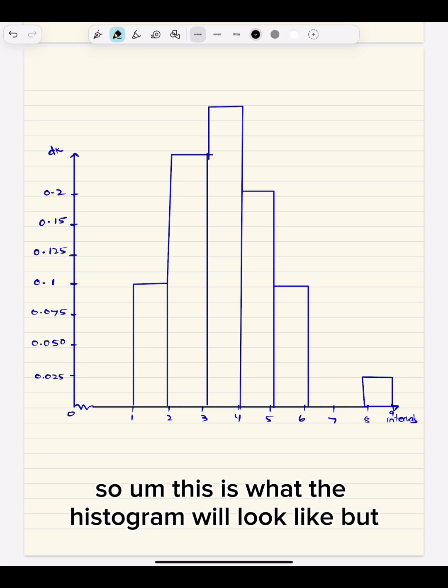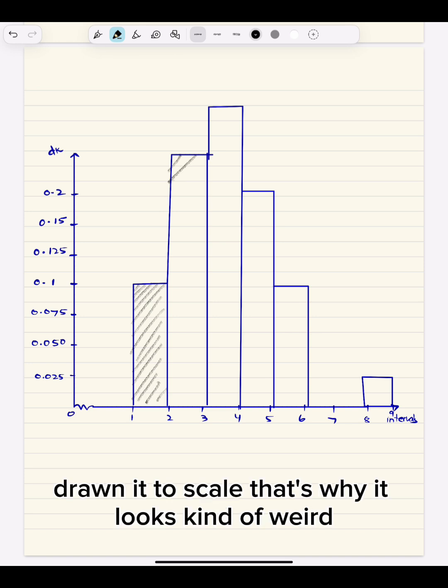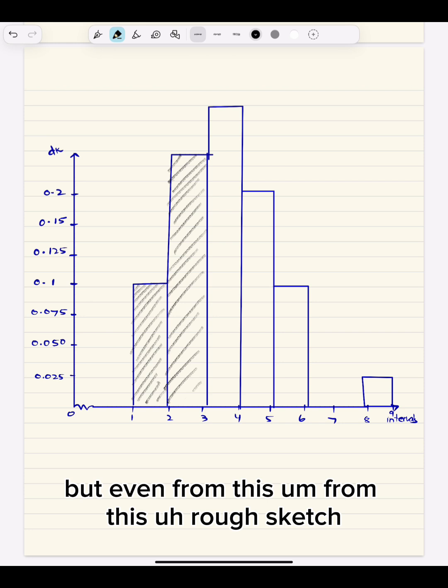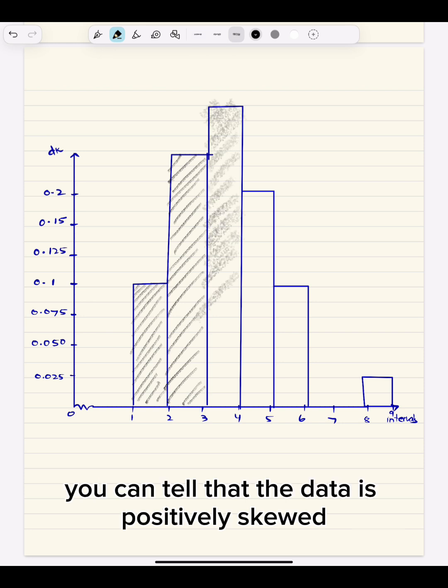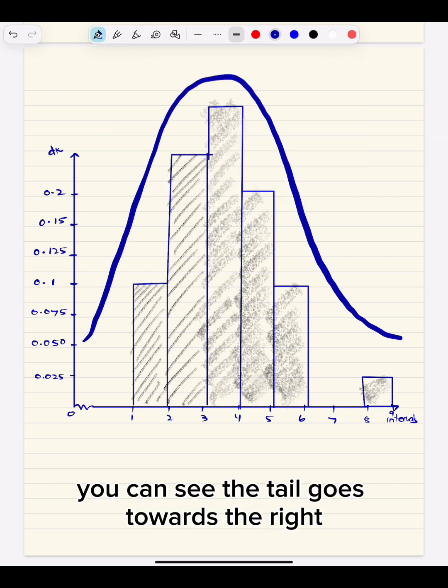So this is what the histogram will look like, but I haven't really drawn it to scale, that's why it looks kind of weird. But even from this rough sketch, you can tell that the data is positively skewed. Because I can make a line like this, you can see the tail goes towards the right.